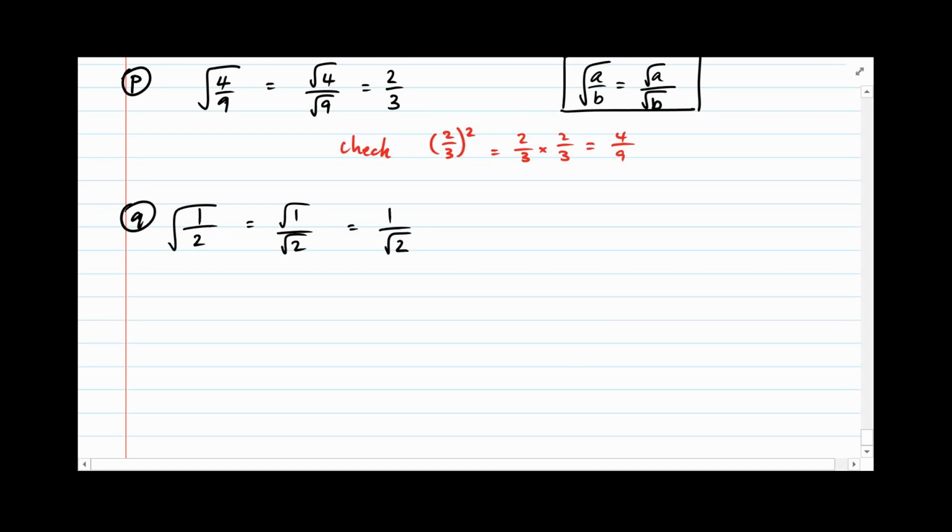Presently you'd think that we are done, but we're not. We are not simplified until there are no radicals in a denominator. Now you might wonder why.